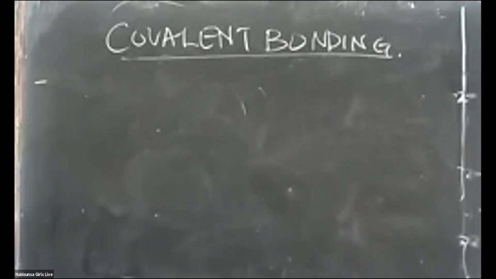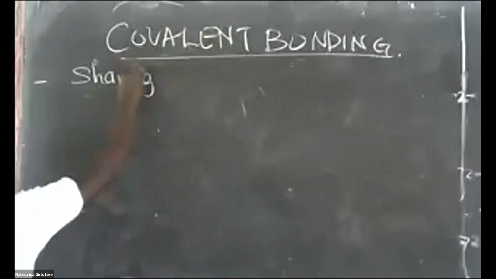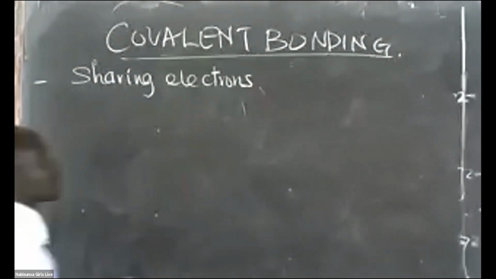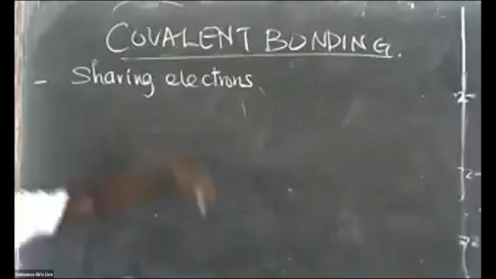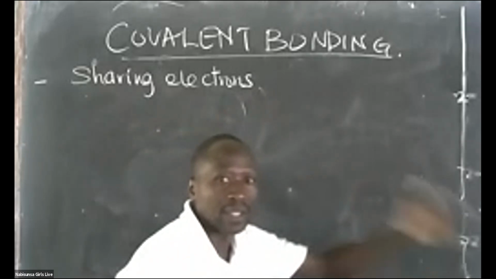The following must be noted. Covalent bonding is going to involve sharing electrons. The other time we said transfer: one gives, another one accepts.